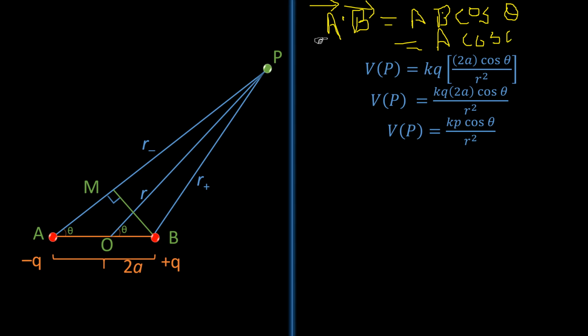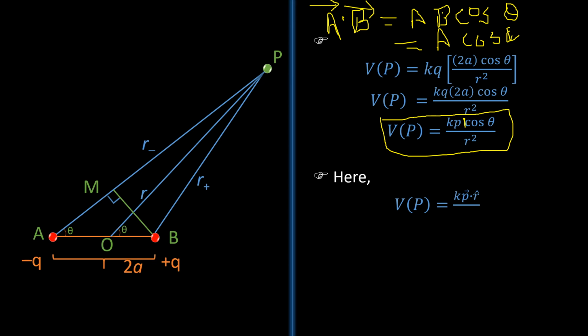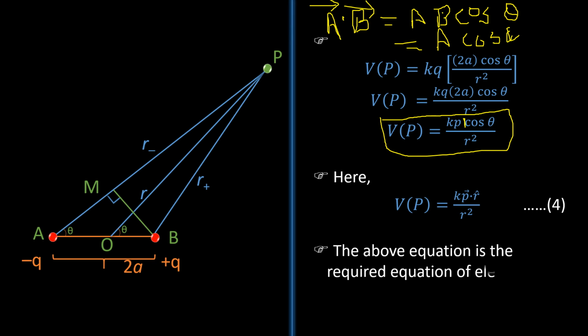So I can assume that here I have one more vector whose magnitude is 1, and then I can write this expression of Vp, potential at point P, as a dot product. So you can write it as P dot unit vector R. This is another way of expressing it. You can always express it as Kp cos theta by R square, or else you can write it as K vector P dot unit vector R upon R square. So equation 4 is the required equation of dipole, potential of dipole at a given point.